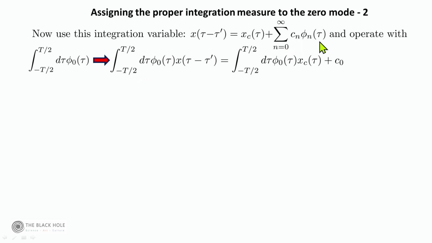Let's see what happens when I put in phi 0 over here and then integrate over tau. Well, the phi's are orthonormal to each other, and so the only thing that remains over here is C0, and that's the C0 that comes over here. So that fixes one thing. Then I have, of course, the second term, which is phi 0 multiplied with xc of tau.